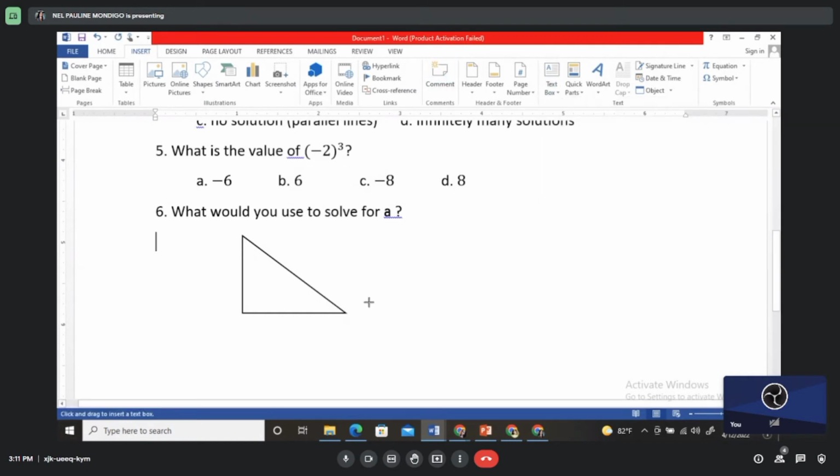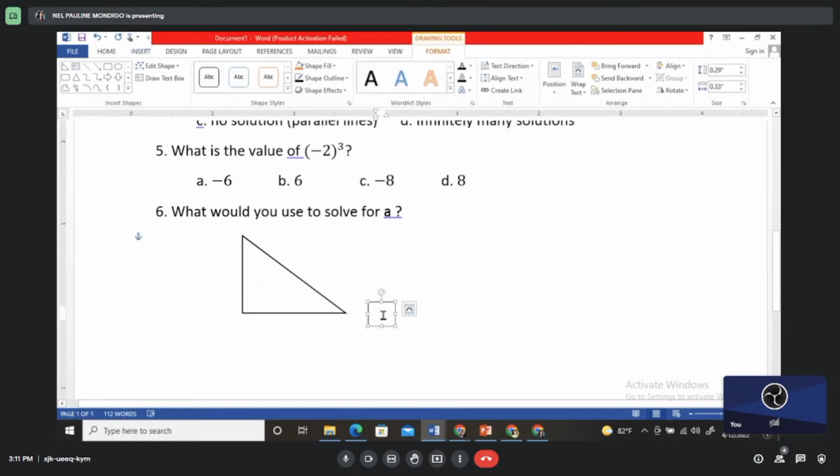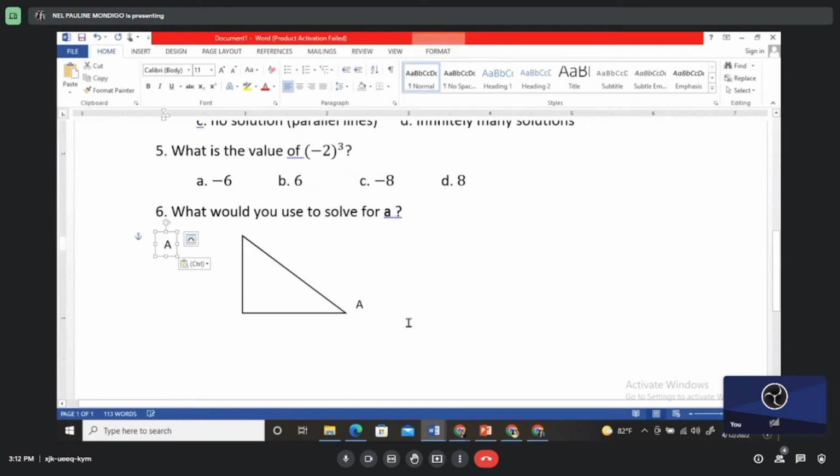So let's go draw text box. Here it is an A. So we'll get its outline. Control C, Control V.